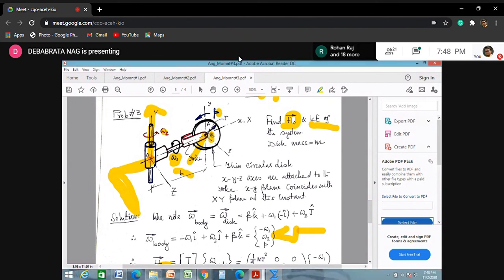Say for example, this can be the case of the aeroplane landing gear. This can be the nose wheel. If you give a 90-degree rotation, the whole thing comes like this. This shaft becomes horizontal, then this wheel will come down, and it becomes the nose wheel at the front of the aeroplane.